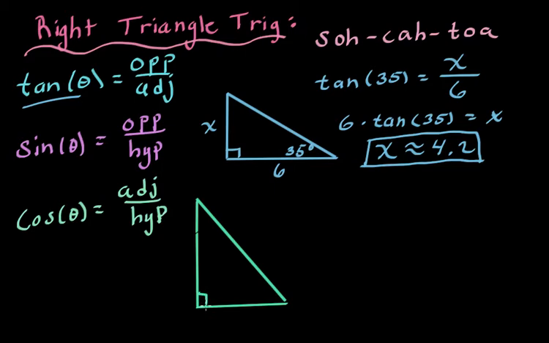So let's say this angle here is 46 degrees. And let's say they give us 10, and we want to find this right over here, our adjacent side.